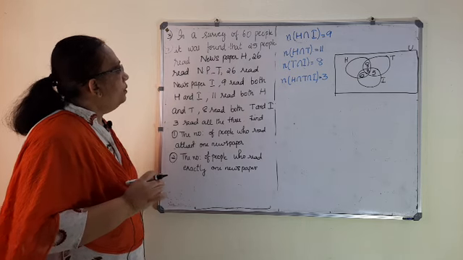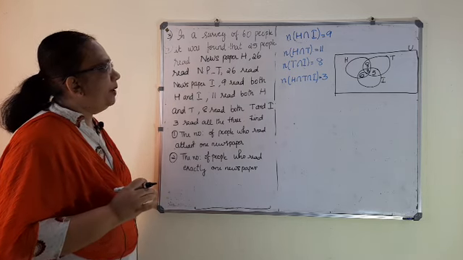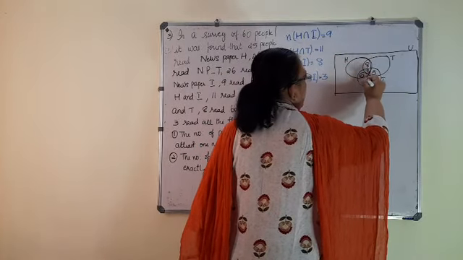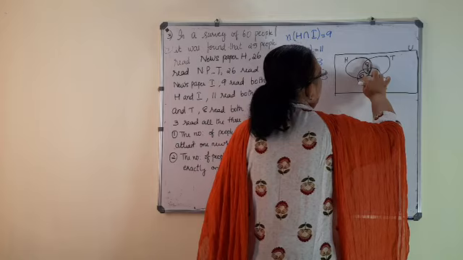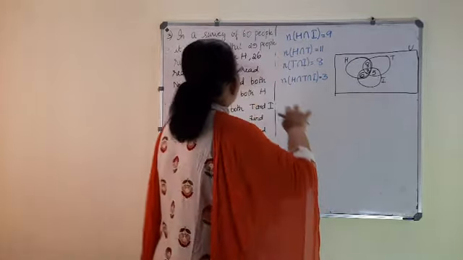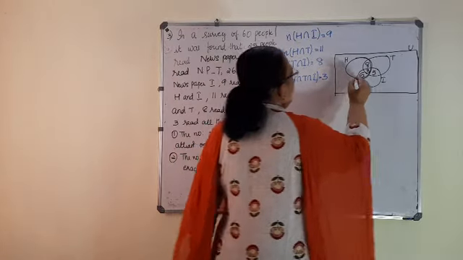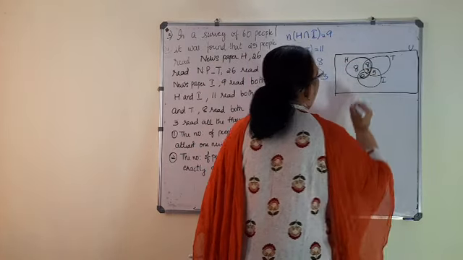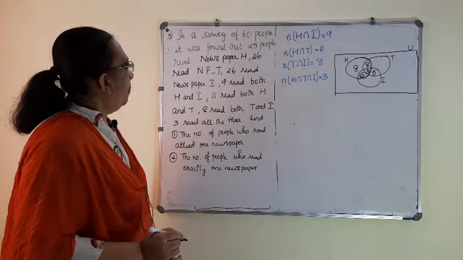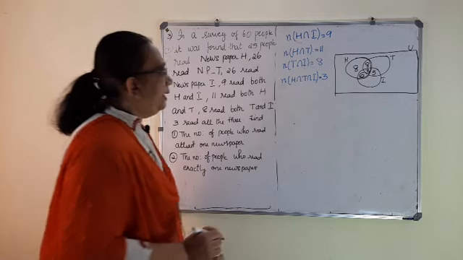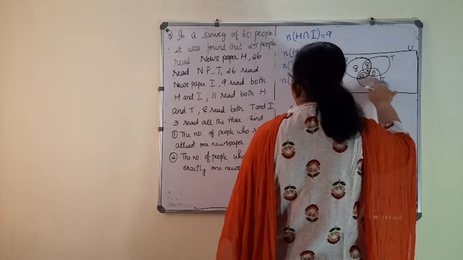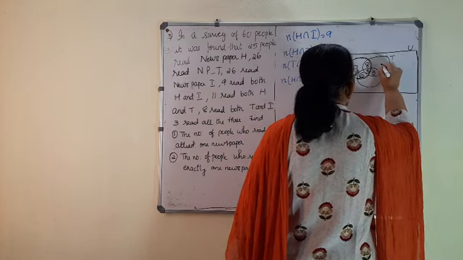Now it was found that 25 people read newspaper H. 6 plus 3, 9. 9 plus 8, 17. 25 minus 17 is equal to 8, so 8 read only H. Then T: 26 read newspaper T. 8 plus 3, 11. 11 plus 5, 16. 26 minus 16 is equal to 10.